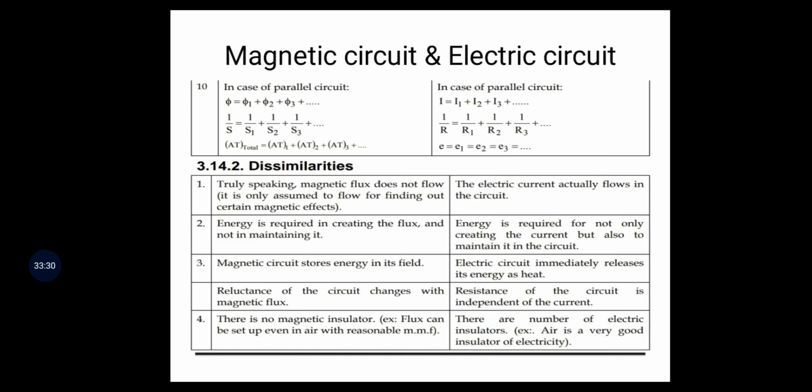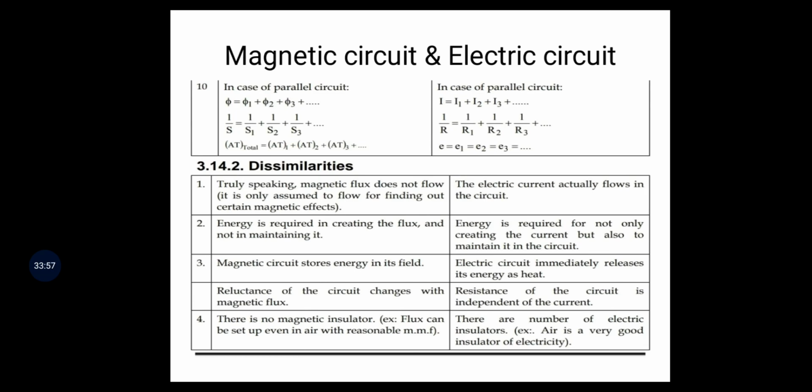In case of parallel circuit, 1 by S is equal to 1 by S1 plus 1 by S2 plus 1 by S3. In electric circuit, 1 by R equal 1 by R1 plus 1 by R2 plus 1 by R3.